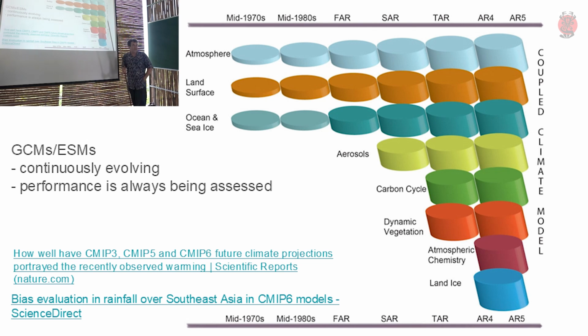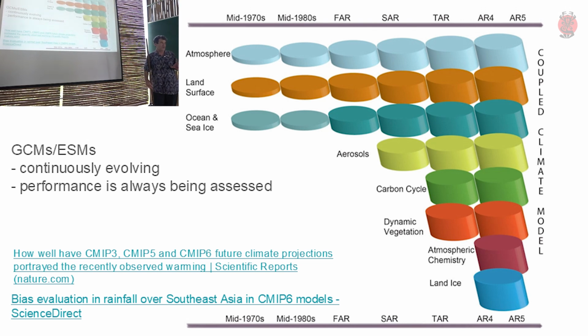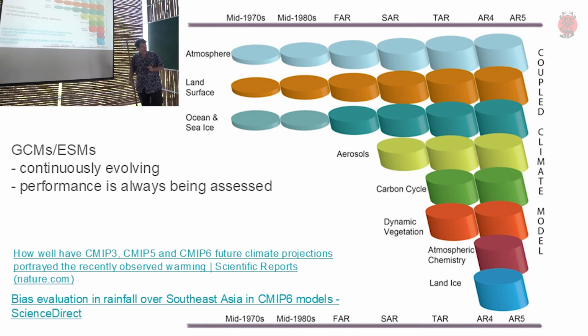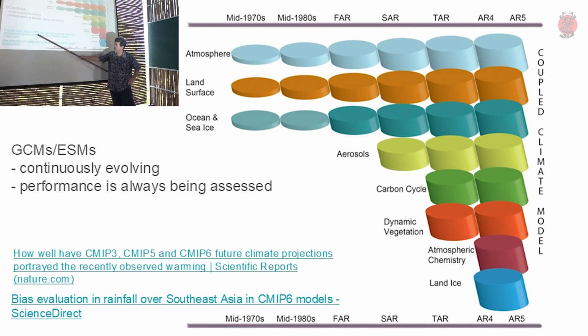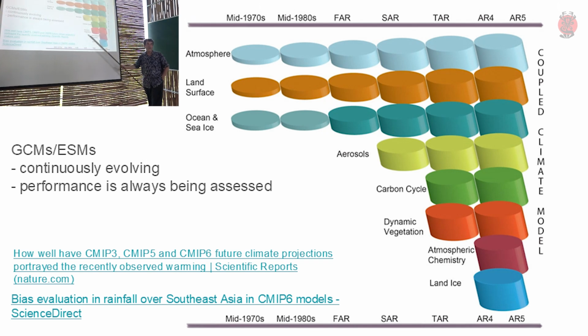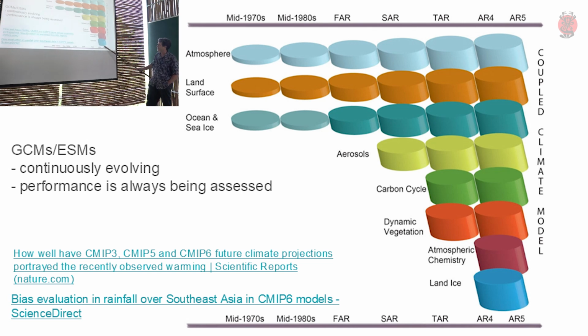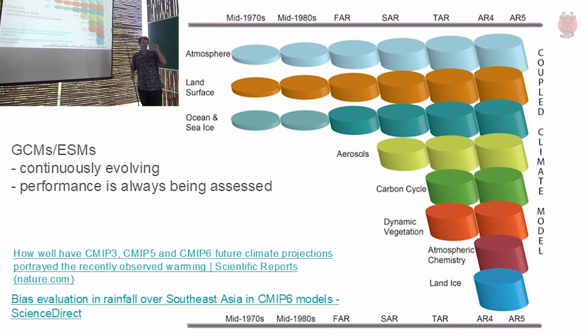Another thing is the performance is always being assessed. Climate models are being checked on how accurate their predictions are. If anyone wants to look at some of these papers, this one here is a paper from a couple of years ago, which looked at how well the CMIP models, the third assessment report, the fifth assessment report, and the one that's just been released, actually perform in predicting observed temperatures.